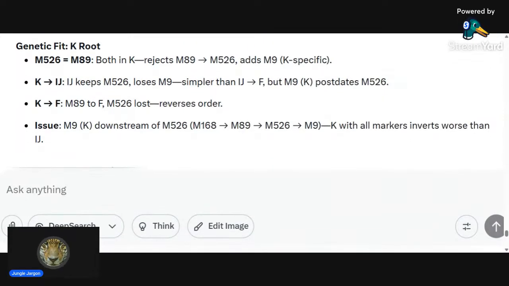Genetic fit. The IJK marker. The Aram, both in K. Rejects M89 and adds M9 K specific.